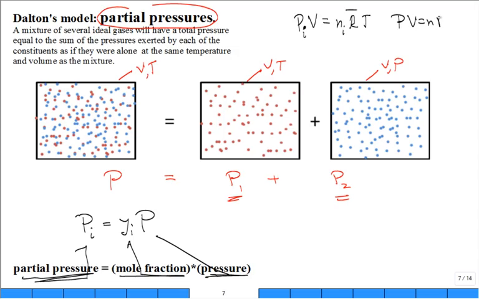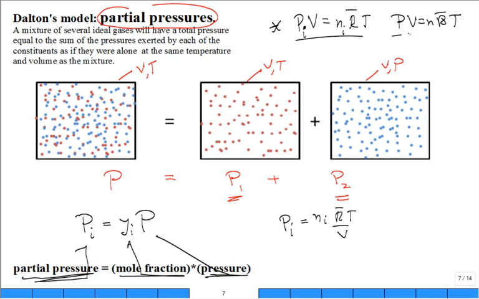PV is equal to N R bar T, and then with the partial pressure i, Pi, and the number of moles i. Okay. So you say Pi is equal to Ni R bar T over V. Just using this equation right here, right?